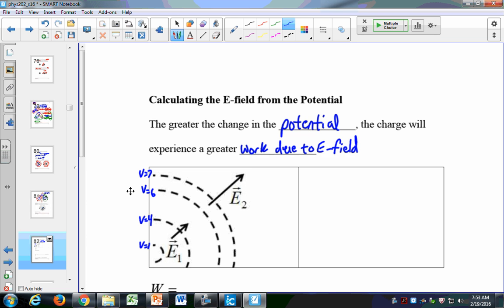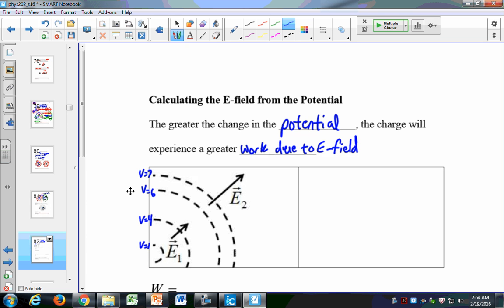Like a topographical map, notice that these two equal potential lines are farther apart. And so it's like they represent potential that's farther apart. And here, where they're closer together, it goes from 6 volts to 7 volts, whereas here it goes from 1 volt to 4 volts. Y'all follow what I mean? It's like a topographical map. When our equal potential lines are farther apart, they represent a greater gulf in the potential, or a greater difference in the potential.